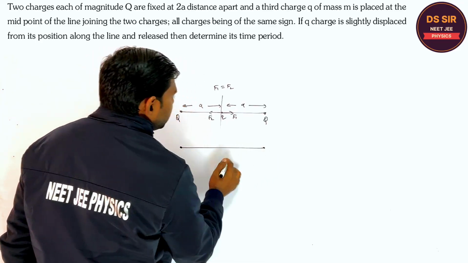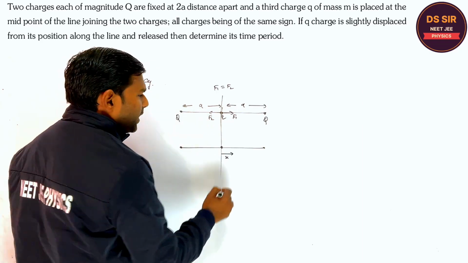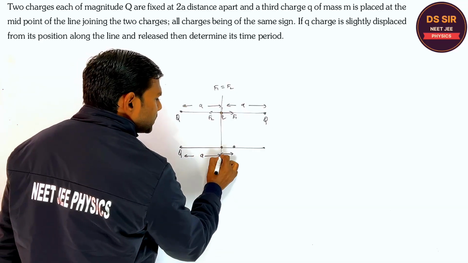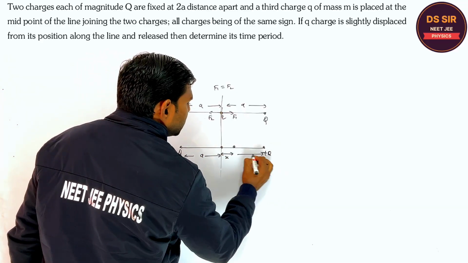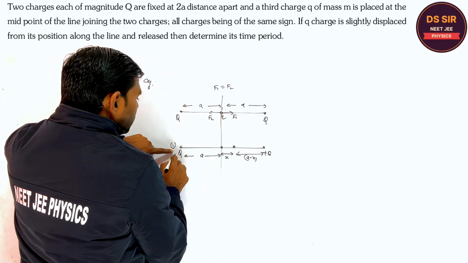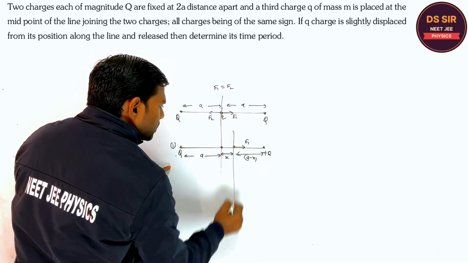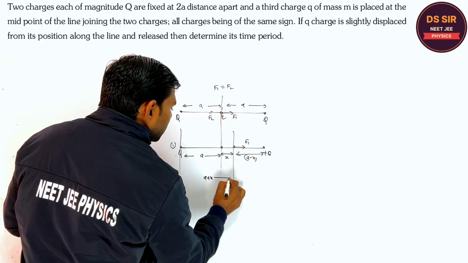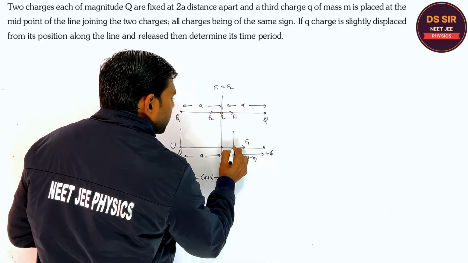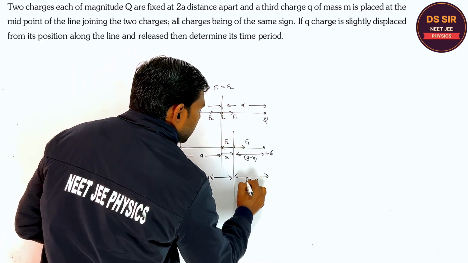Now if you displace the small q charge from the mean position by a small displacement x, so for this capital Q the distance becomes a plus x, and for this capital Q the distance becomes a minus x. Is it clear or not? Yes. So if I assume this is the charge 1, it is the force F1, this is the lesser force because the distance becomes a plus x now, and for this charge capital Q the force becomes F2, it is greater because the distance is a minus x.